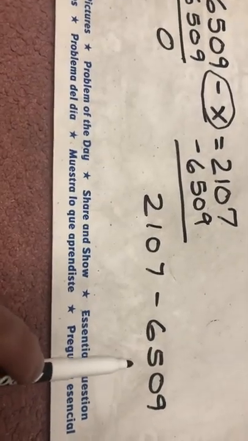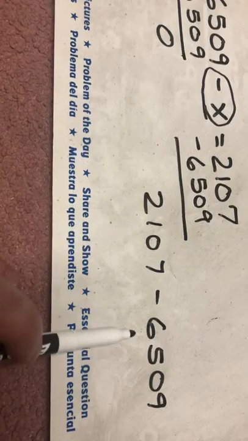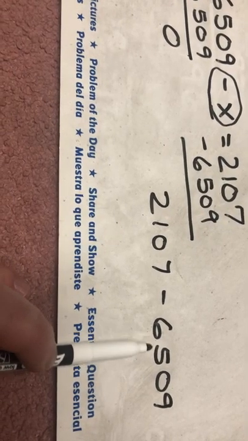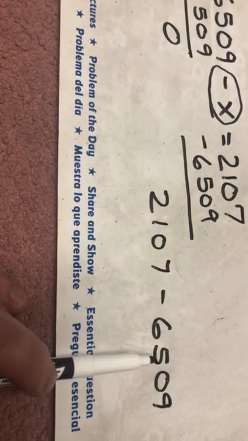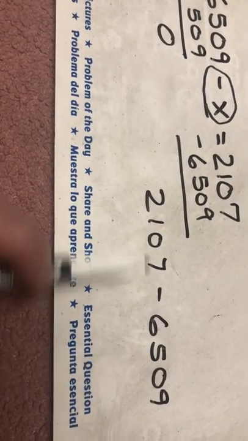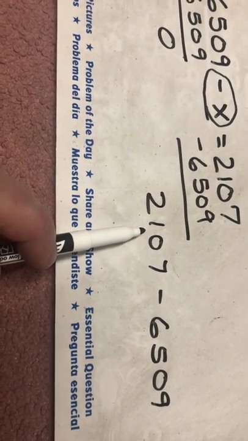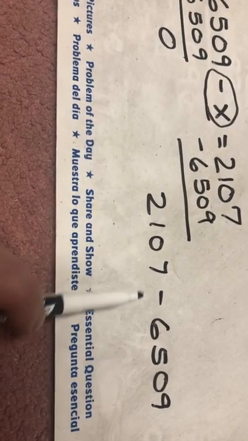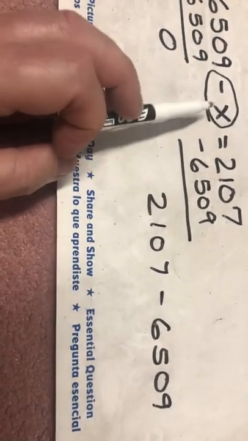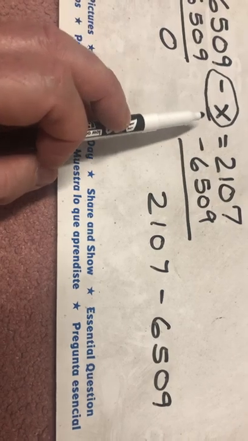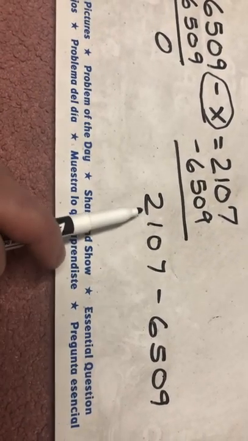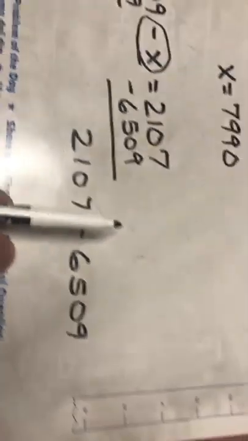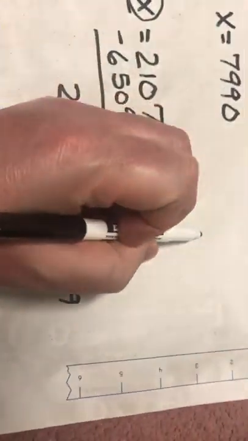So remember, all I would do was flip the numbers. I'd think about this as 6,509 minus 2,107, and then I would just put a negative sign in front of it. But I don't want a negative sign in front of it, so in this situation, all I'm going to do is do 6,509 minus 2,107, and that's going to be my answer.